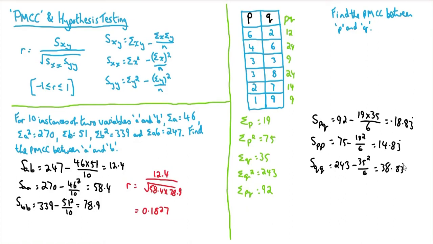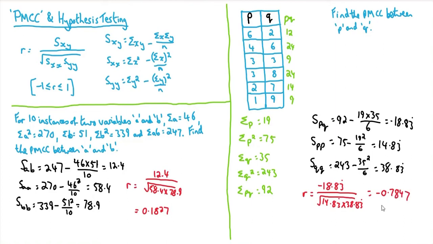38.83 recurring. Finally then, just to put these into your PMCC formula, you would have that R equals the minus 18.83 recurring over the square root of 14.83 recurring times the 38.83 recurring, and this would get you a PMCC of, to 4 decimal places, minus 0.7847.